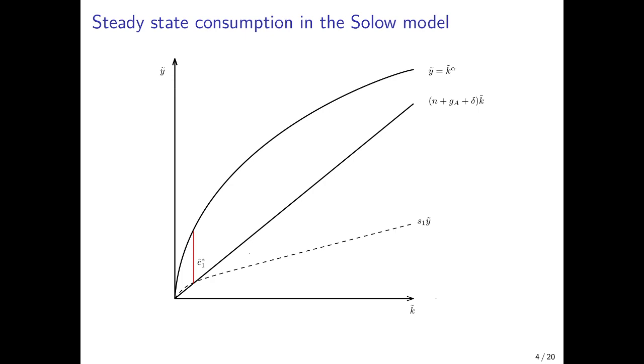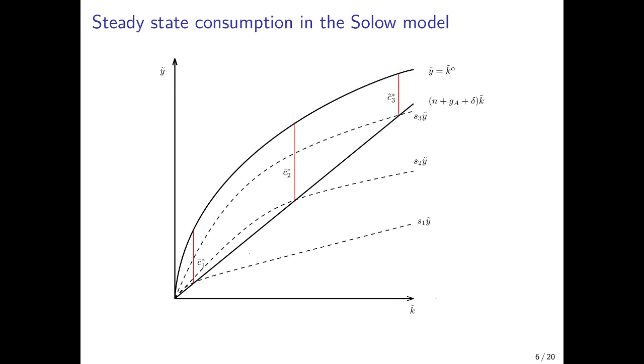Now, if we increase the saving rate to a higher level, say s2, we would have an intersection between the gross investment curve and the capital depreciation and dilution line at a higher level of the capital stock per unit of effective labor. And correspondingly, we would here have a higher consumption per unit of effective labor.